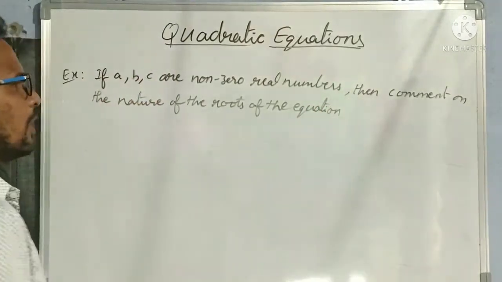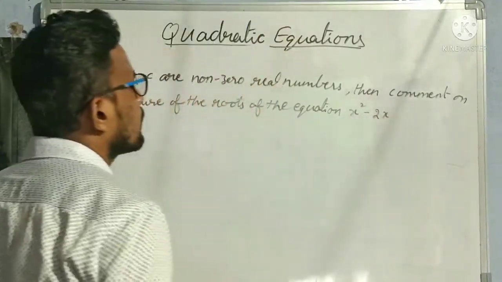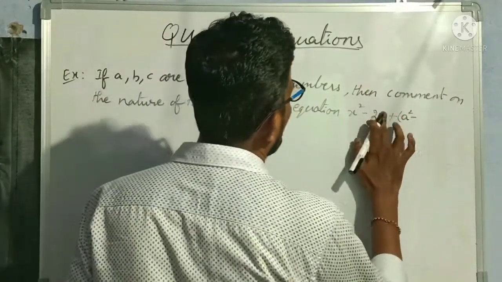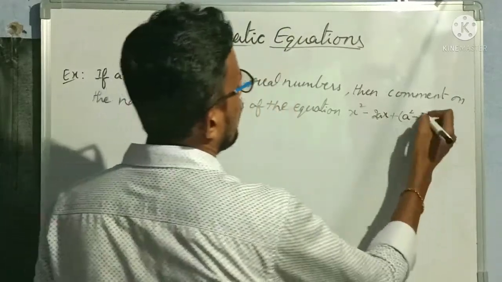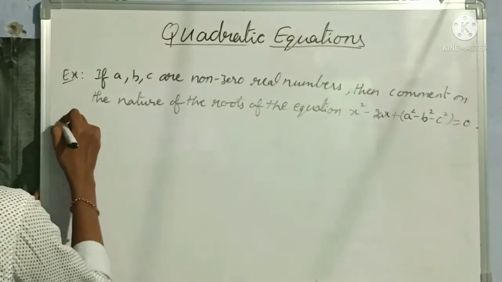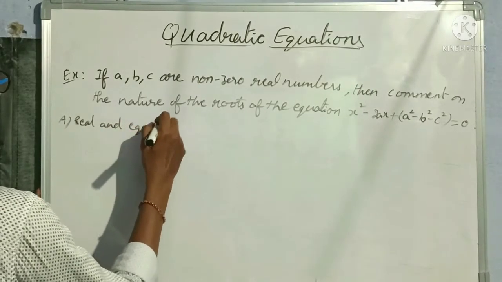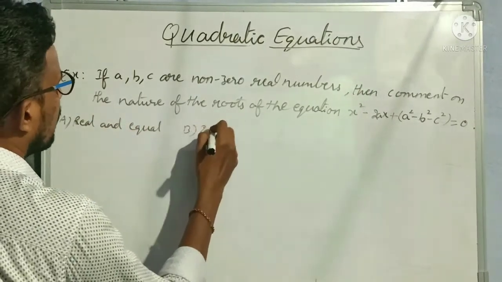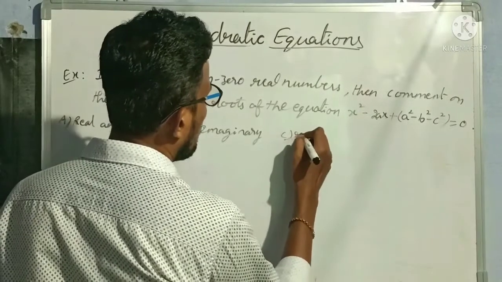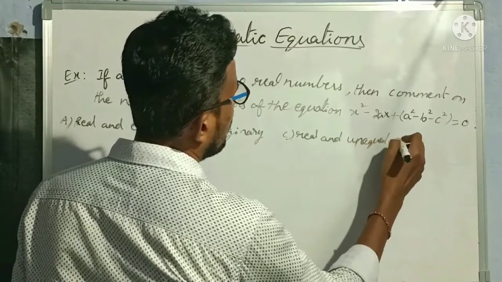So what is that equation we are taking? x square minus 2ax plus a square minus b square minus c square is equal to 0. Okay, and we have our options. Option A, real and equal. Option B, imaginary. Option C, real and unequal. Option D, none of these.